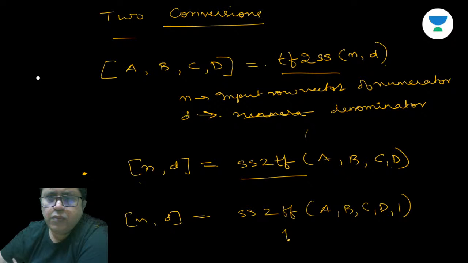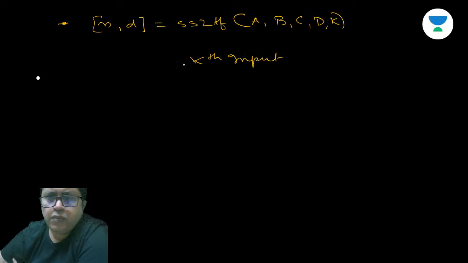Okay, this is for one input. Next command, N, D is equal to ss2tf(A, B, C, D, k), where k is the kth input.